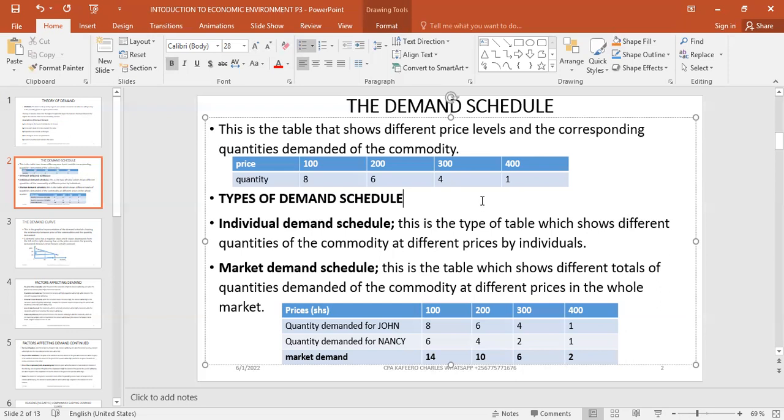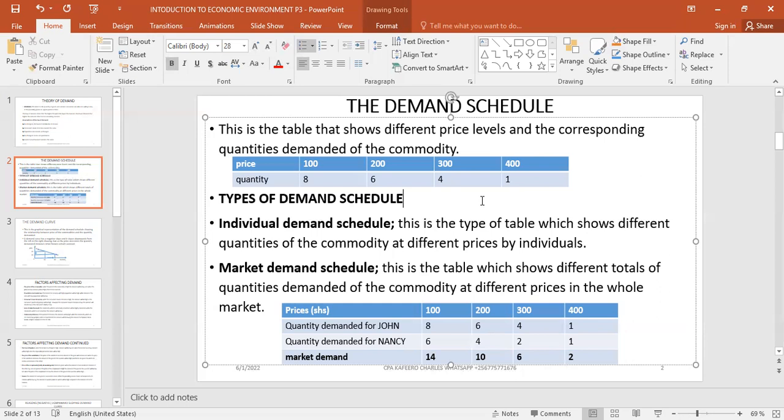But if you want to get the market demand schedule, it means we sum up the individual demand schedules per person: what John bought at different prices in the market and what Nancy bought from the market at different prices. Because we are seeing when the price is 100, John bought 8 units and Nancy bought 6 units.